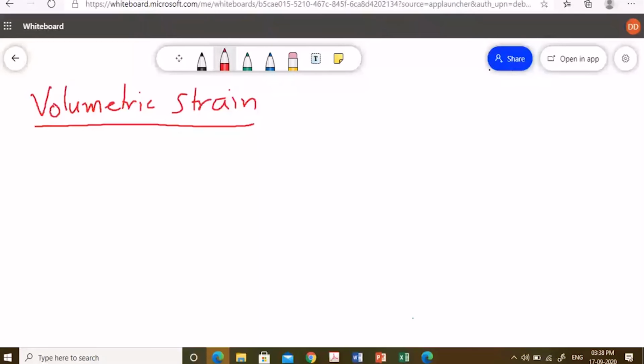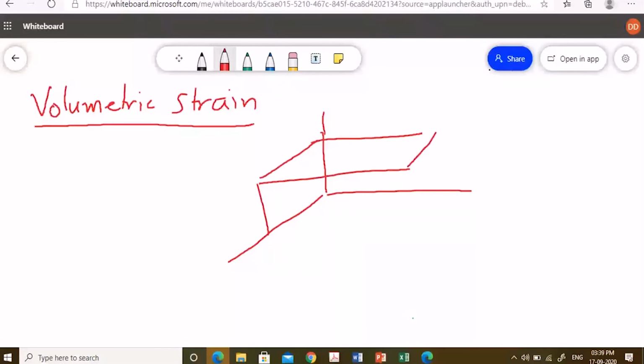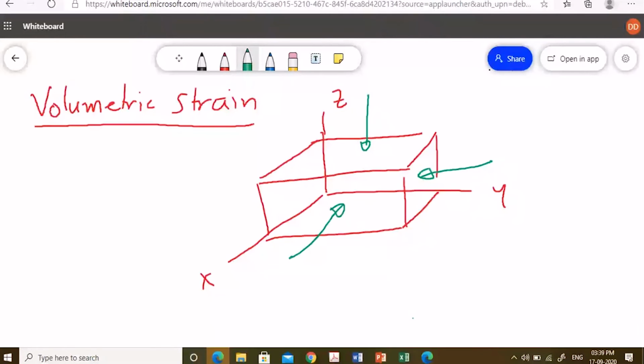The question becomes, when we are deforming a body, let's say a 3-dimensional body in X, Y, and Z directions, because of normal stress only, with no shear acting, this body's size changes to this.